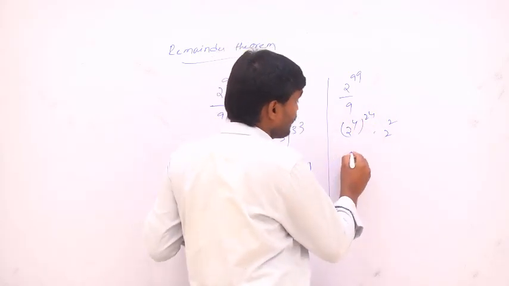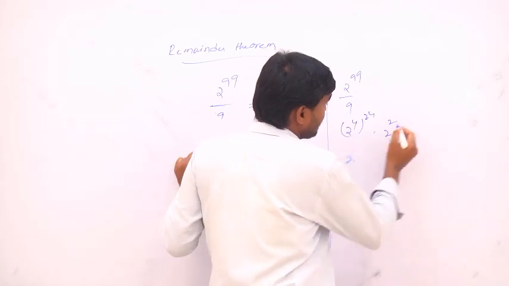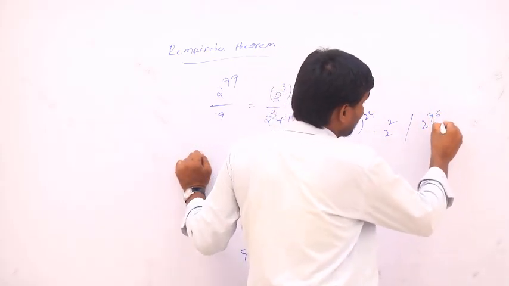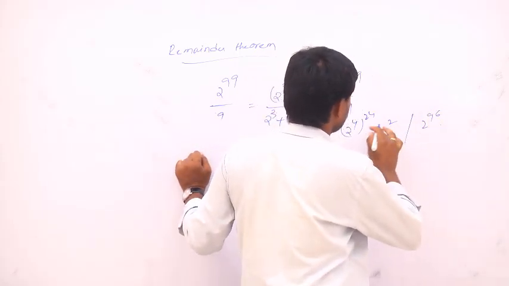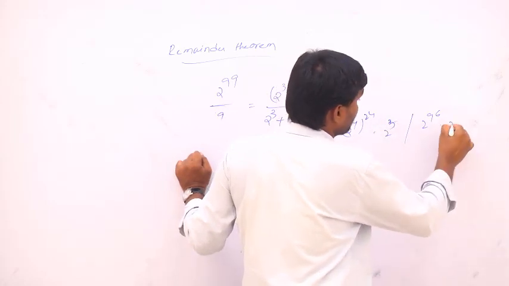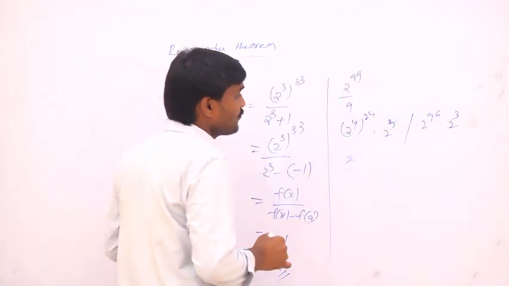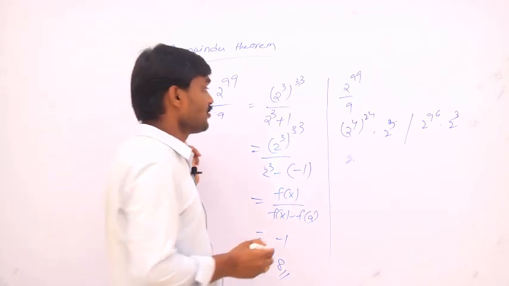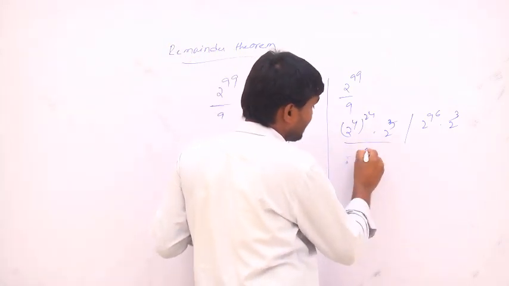So that is 2 power 96 into 2 cube. So that is 2 power 99. So we should write this by 9.